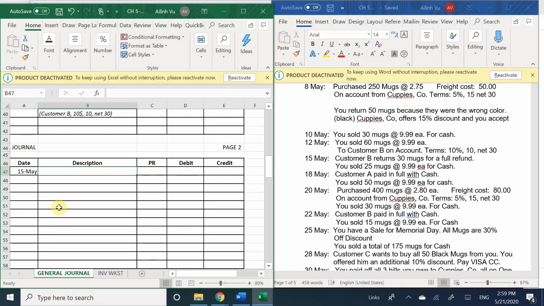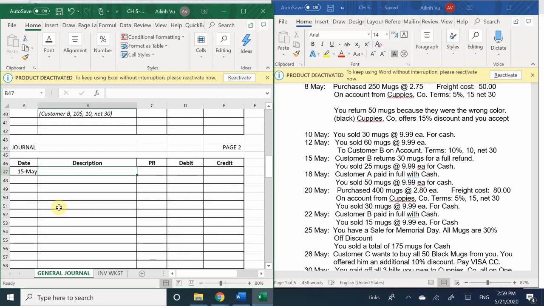Let's look at the transaction at hand. Who is returning? Are we returning or is the customer returning? The customer's returning.